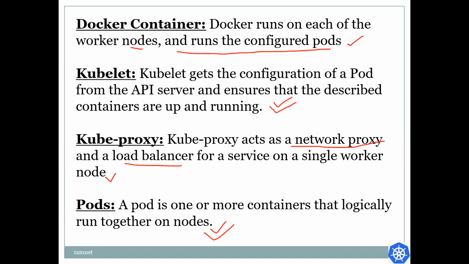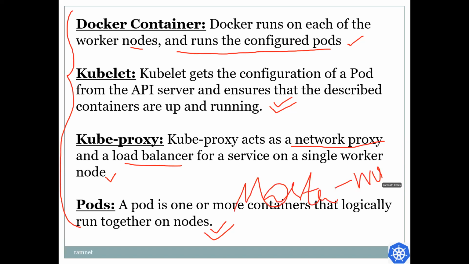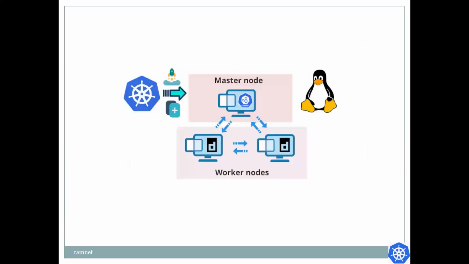This is how the worker will be looking, from the master to the worker node. We will see multiple things on the next slides, which will help you in understanding how the worker node is going to be. So this is the master node, and these are the worker nodes here. And the Kubernetes master is talking to them.